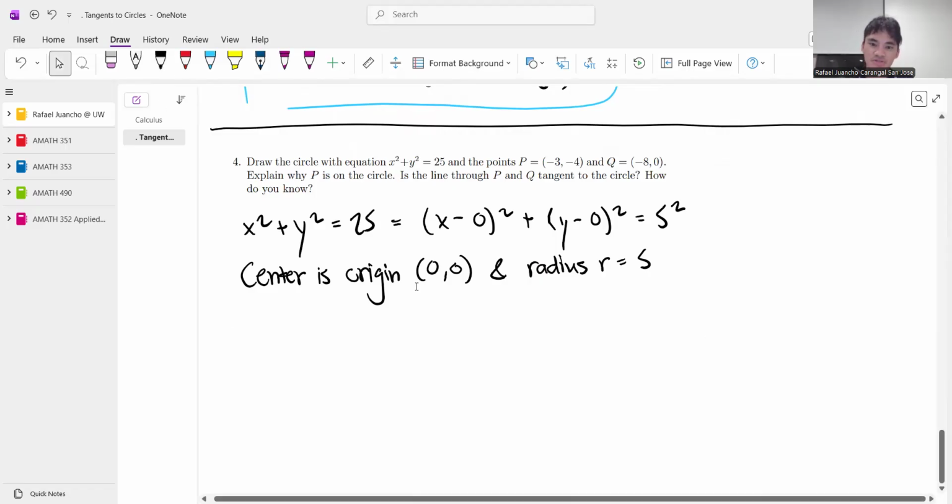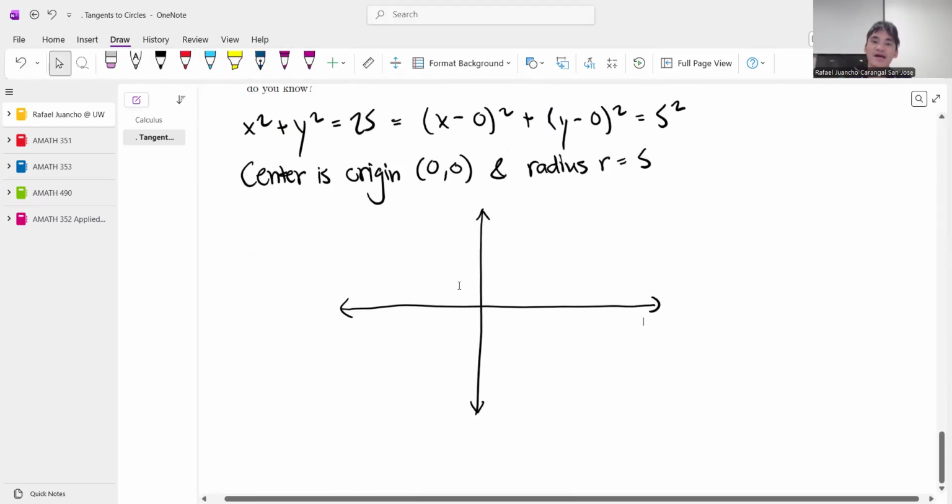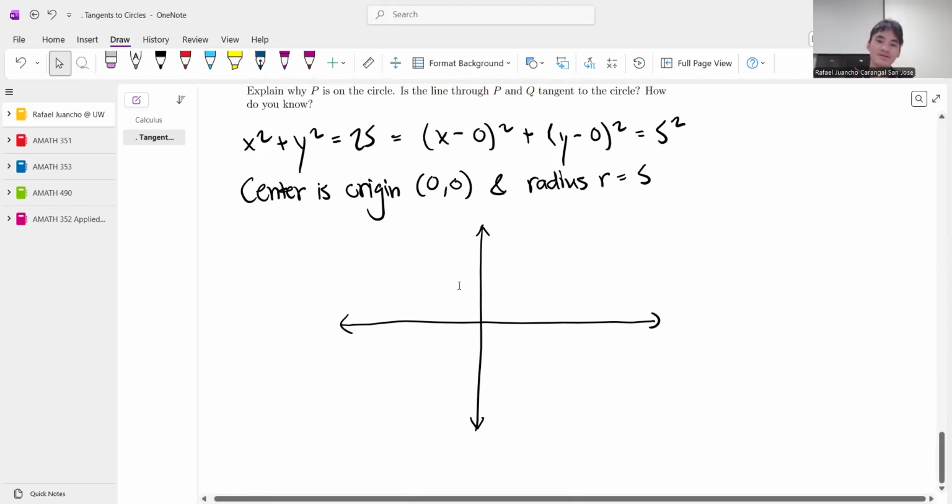We also know points on this circle. So let's quickly draw it. I don't want to be yapping too much. So again, how do we draw a circle, right? If we looked at my previous video, the way I do it is I find the center, and then I find 4 points, and then I connect them.